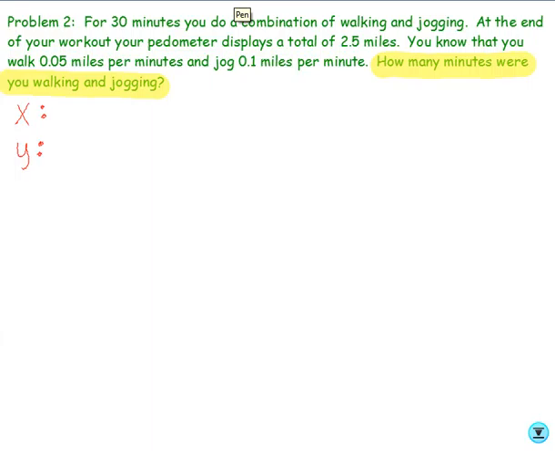So, X is going to be the number of minutes. We'll just make the first one walking, which means Y is the number of minutes jogging. Always use that question to establish your variables.